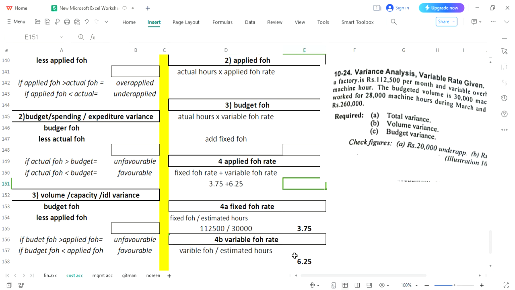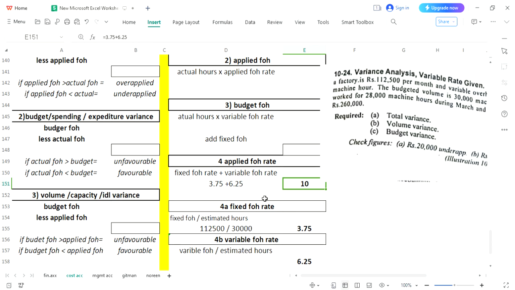When you add, you will get the applied FH rate or total applied FH rate. So what we will do on the calculator, 3.75 would be added to 6.25. So the total applied FOH rate has arrived, it is 10.